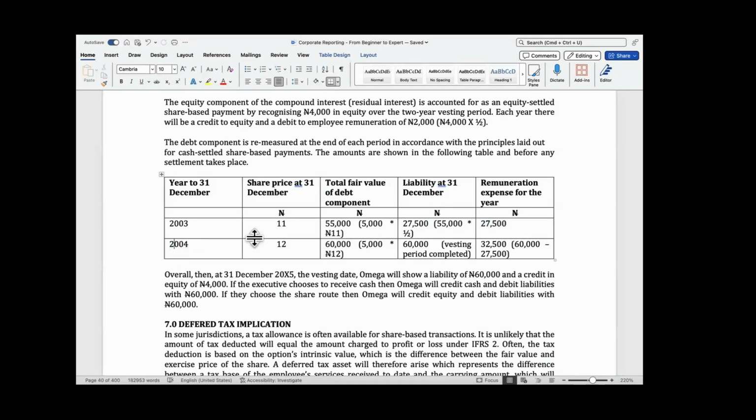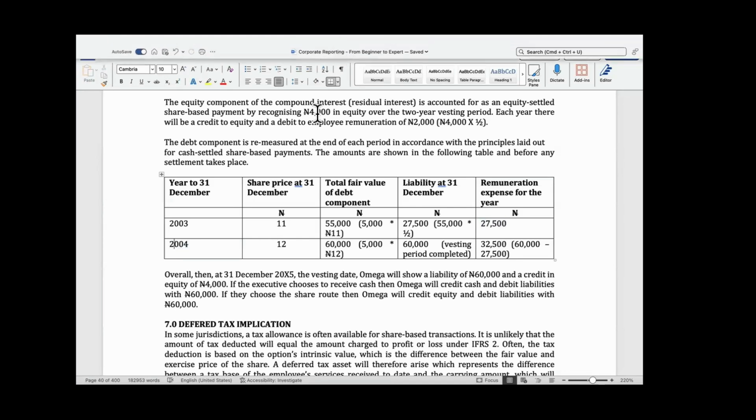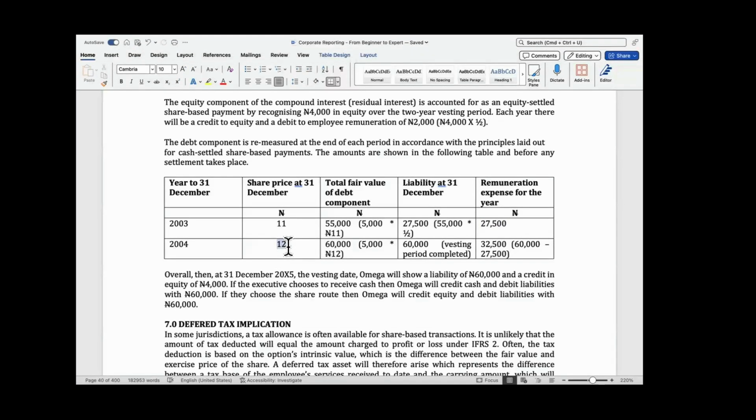In 2004, the share price is now 12 naira. So that means the value of the debt is now 60,000, 5,000 times 12 naira. Again, because this is the end of the year, it's just times 2 over 2.